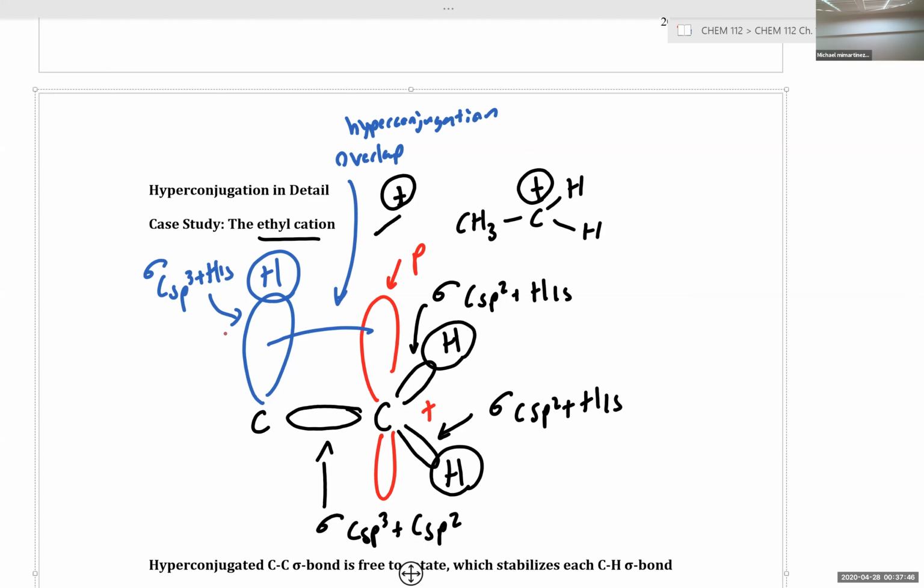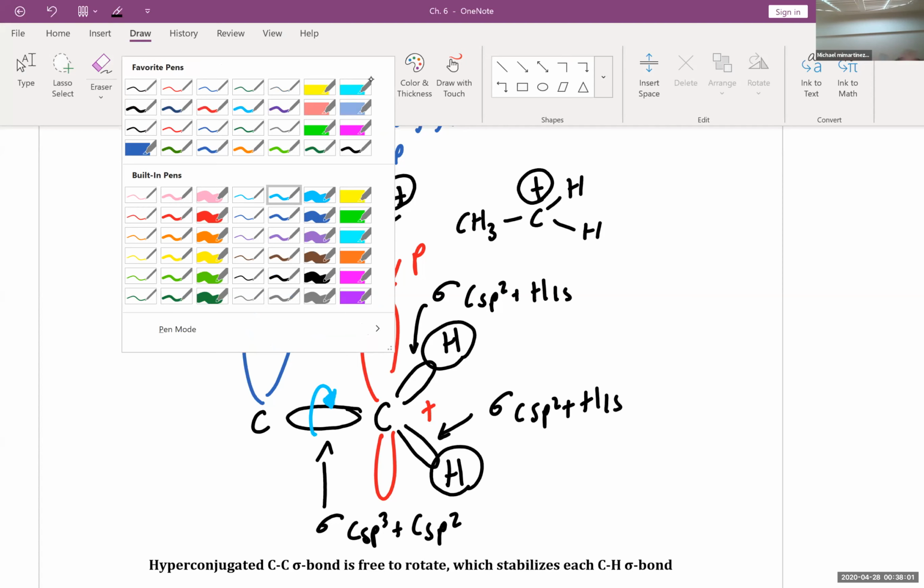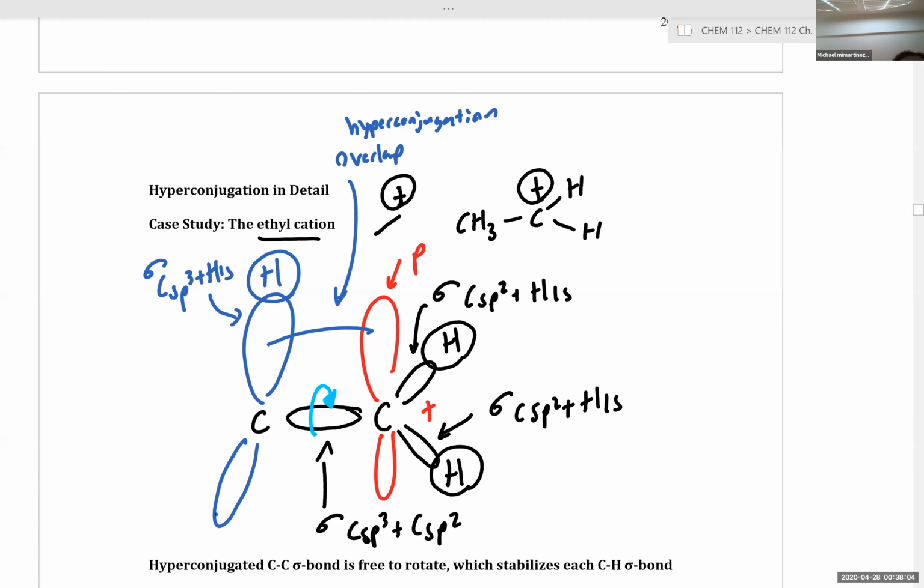Now, the key feature I want you to pay attention to is the fact that this carbon-carbon bond can rotate. So each of our carbon-hydrogen sigma bonding molecular orbitals has a chance to participate in hyperconjugation.